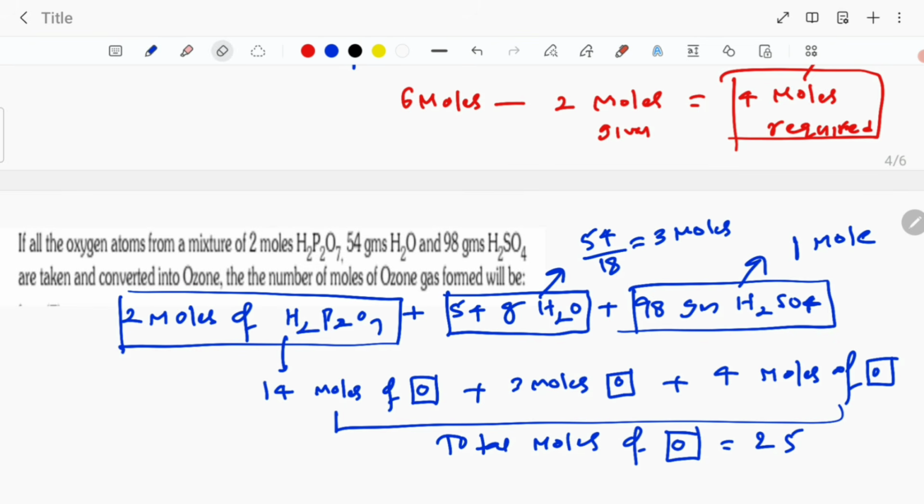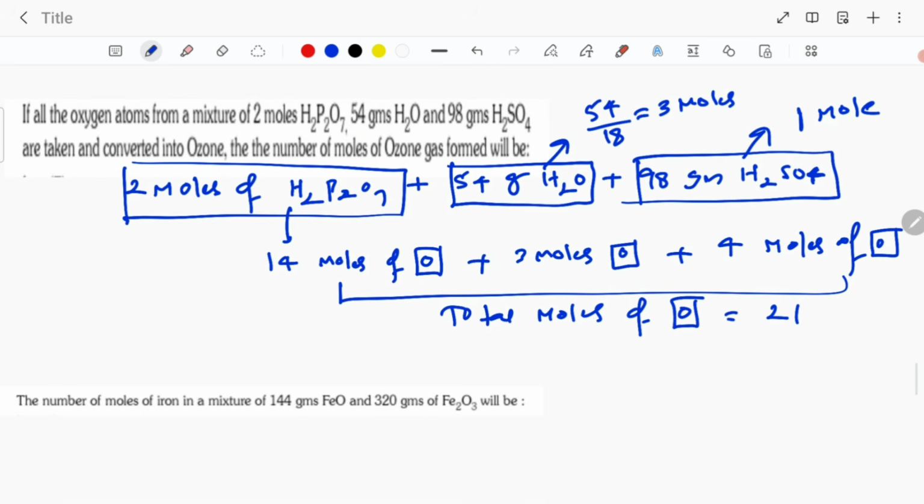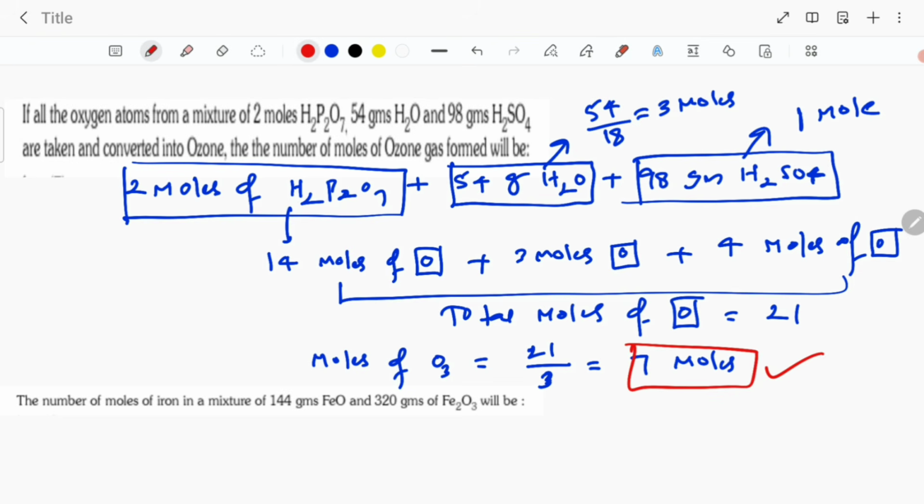So overall, number of oxygen atoms in the given question, 21 moles of oxygen atoms present. So then how to calculate moles of O3? Each mole requires 3 oxygen atoms, so 21 by 3. So here 7 moles is the answer. 7 moles is the correct answer for this.